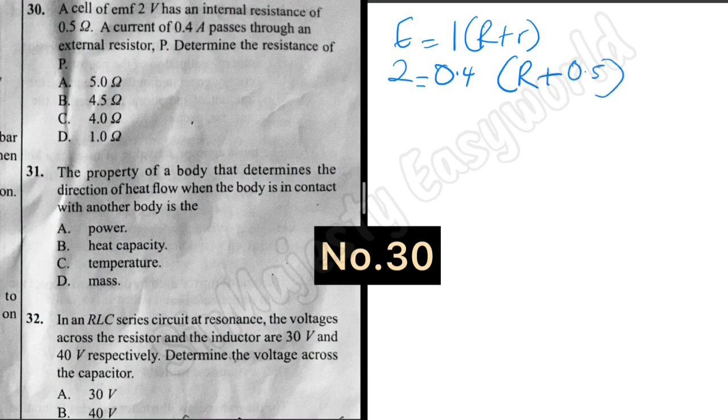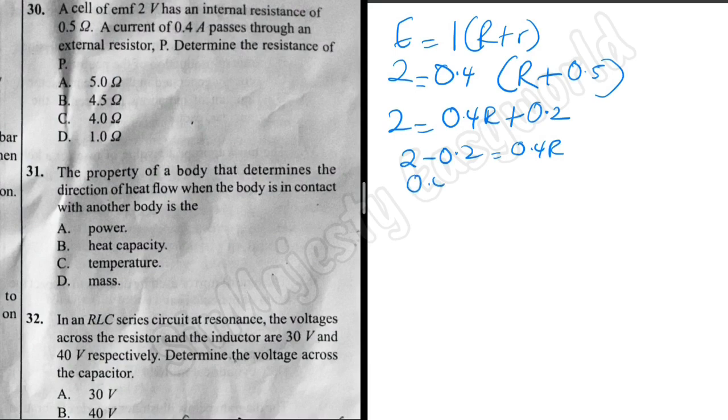So solving this question, we have 2 = 0.4 multiplied by the things in the bracket, so that will be 0.4R + 0.4 multiplied by 0.5, which gives us 0.2. So this will be 2 = 0.4R + 0.2, then we carry 0.2 to the other side. 2 minus 0.2 will give us 0.4R, so 0.4R is equal to 1.8.